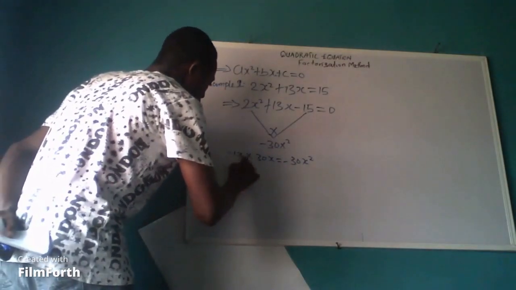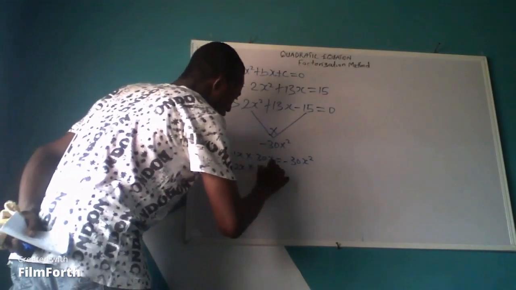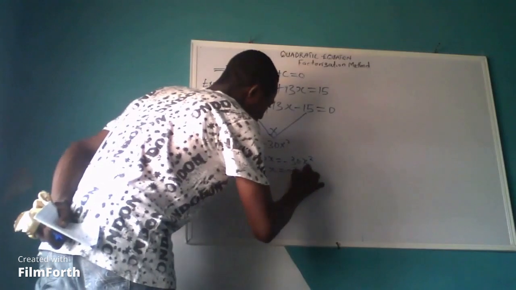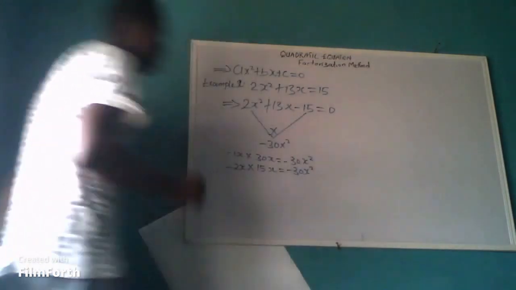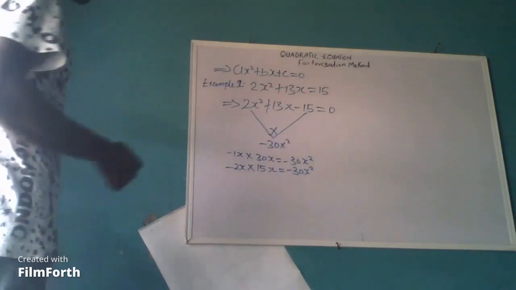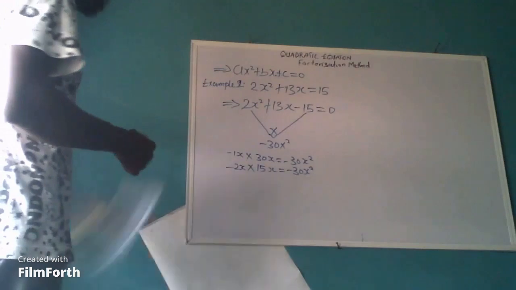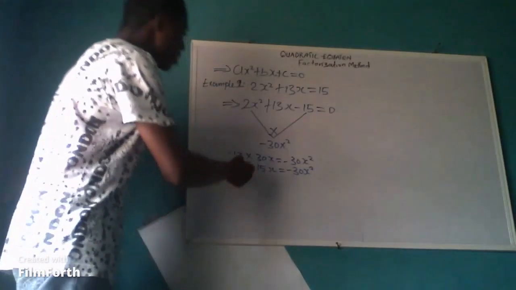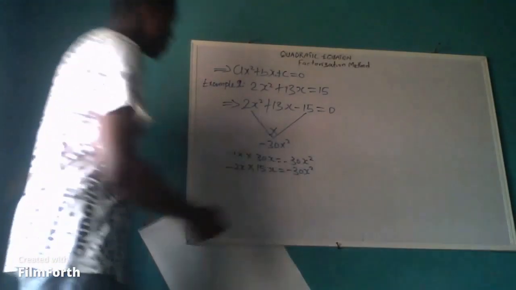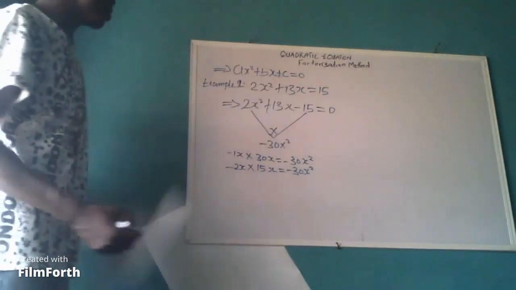Minus 2x times 15x can as well give you minus 30x squared. We have some other factors of minus 30x squared, but having gotten this, let's look at it very well. Minus 2x plus 15x, what does that give us? Minus 2x plus 15x gives us 13x.